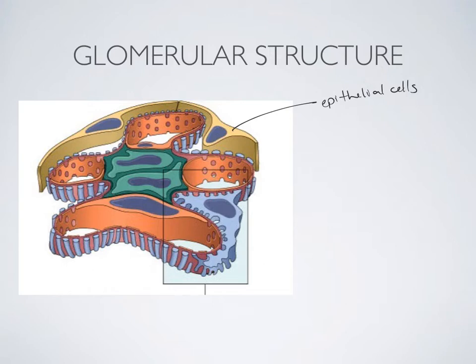So the whole tubule is made of epithelial cells. And then on the inside, we have the capillaries. So these are the glomerular capillaries. Next to the capillaries, these are called the podocytes.